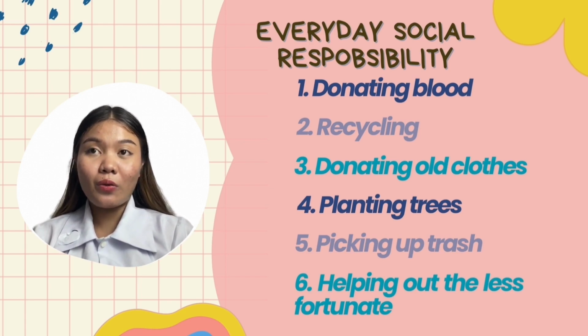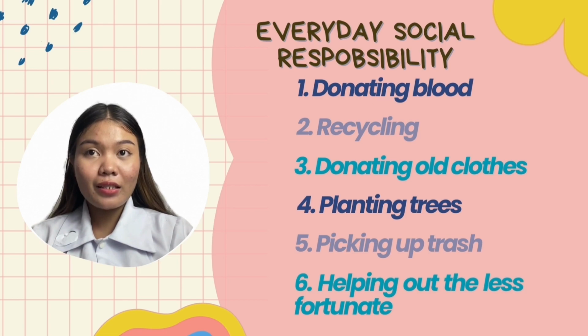The Hermahinos are avid recyclers. It's their family's custom that they have been practicing for years. Next, donating old clothes. Annie Rose and her classmates have started a campaign at school to donate old clothes to various shelters in their city.